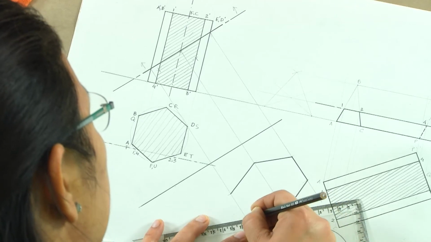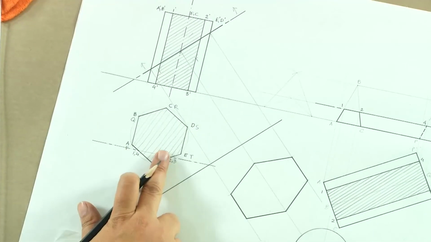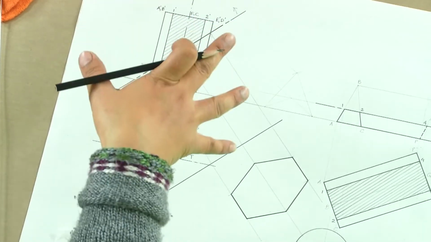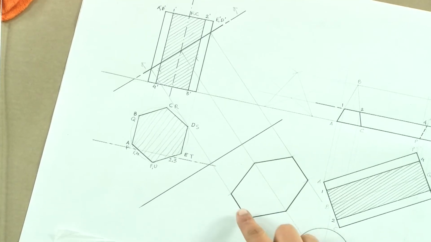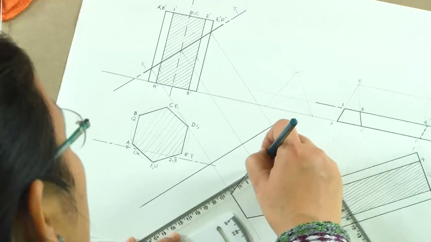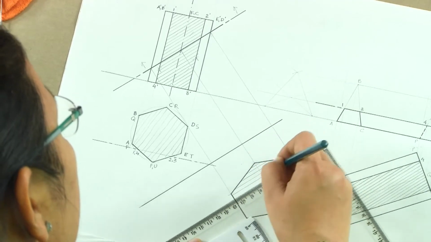So what we see here is that when the section plane is not parallel to the axis, we see the shape of the base in section. Here we are seeing section because we are still seeing it from the top, but it is not the true shape. The true shape is actually this. So it is a distorted hexagon. If you remember the introductory lecture, this was exactly what we were saying, that we will still be getting the same shape as that of base, but in a slightly distorted manner.